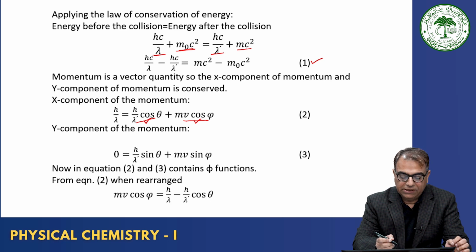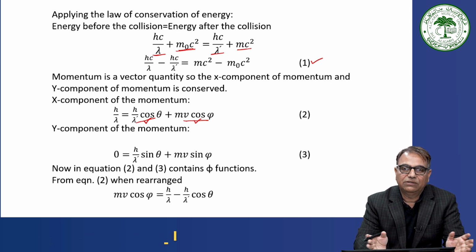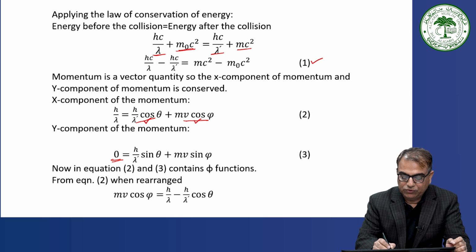As far as the y component is concerned, before the collision there is no momentum, because along the y axis you do not have any momentum, so it becomes 0. But after the collision we can talk about the momentum, h divided by lambda prime sin theta and mv sin phi. Okay. So these two should be equal.